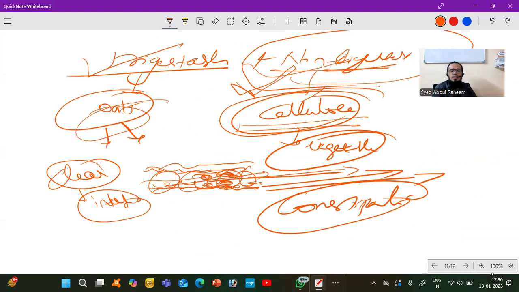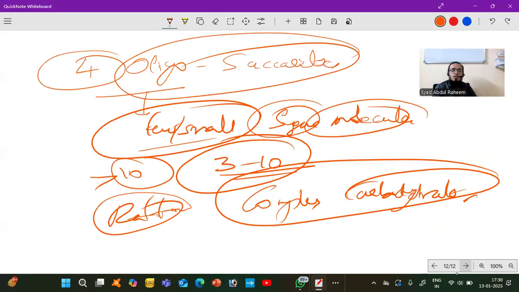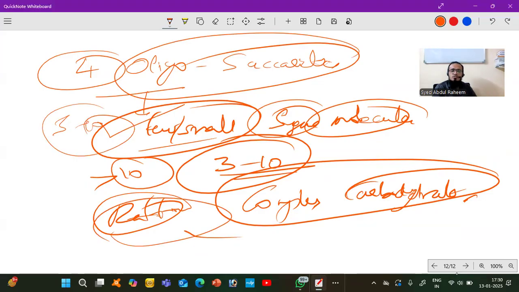Digestible are oats, undigestible is cellulose, which is present in vegetables. To avoid constipation, we need fiber. And oligosaccharides means few, small, 3 to 10. We have one example, raffinose. It is water soluble but unable to be digested in the body. So I think you understood the different types of carbohydrates.